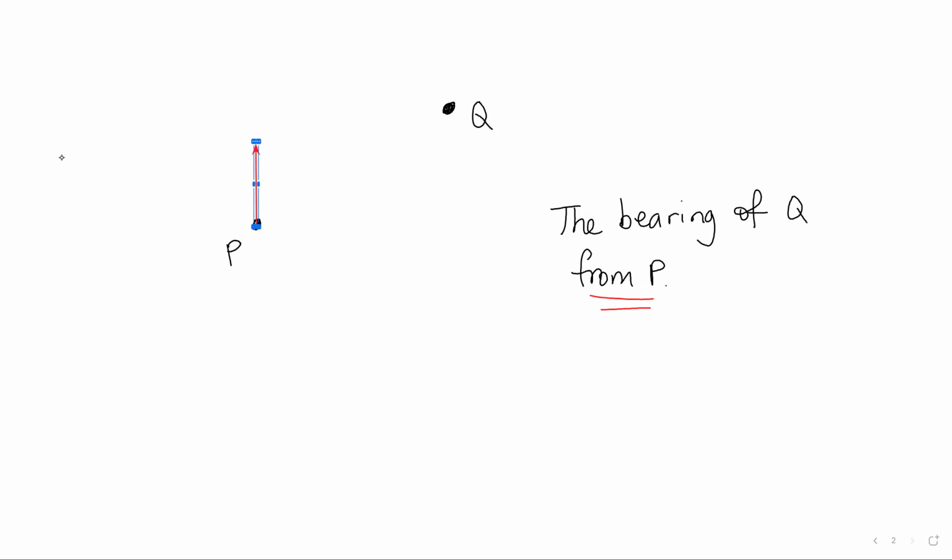So this is your north line at P because that's your starting point. And the next thing, you need to draw a line connecting P to Q. The bearing of Q from P will be this angle between the north line at P and the line connecting P to Q.